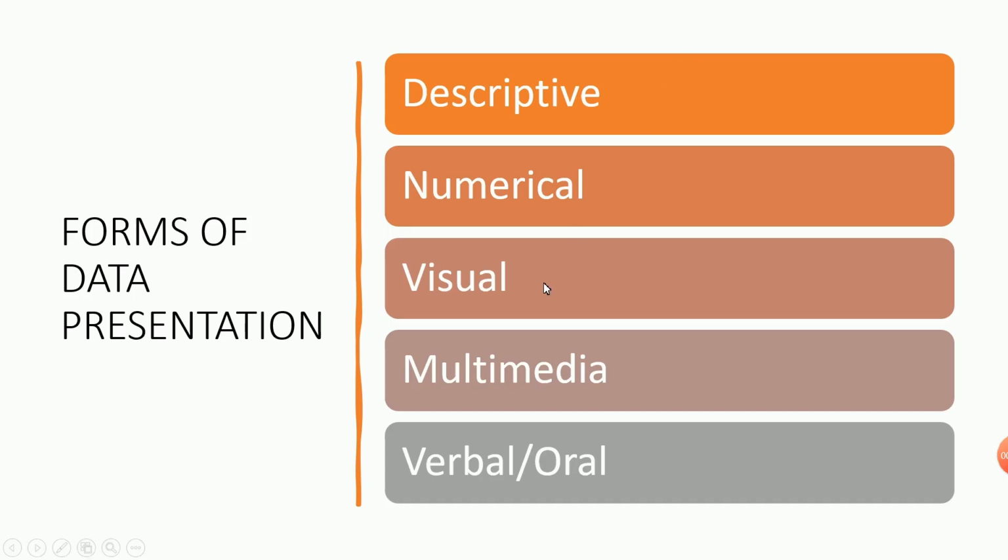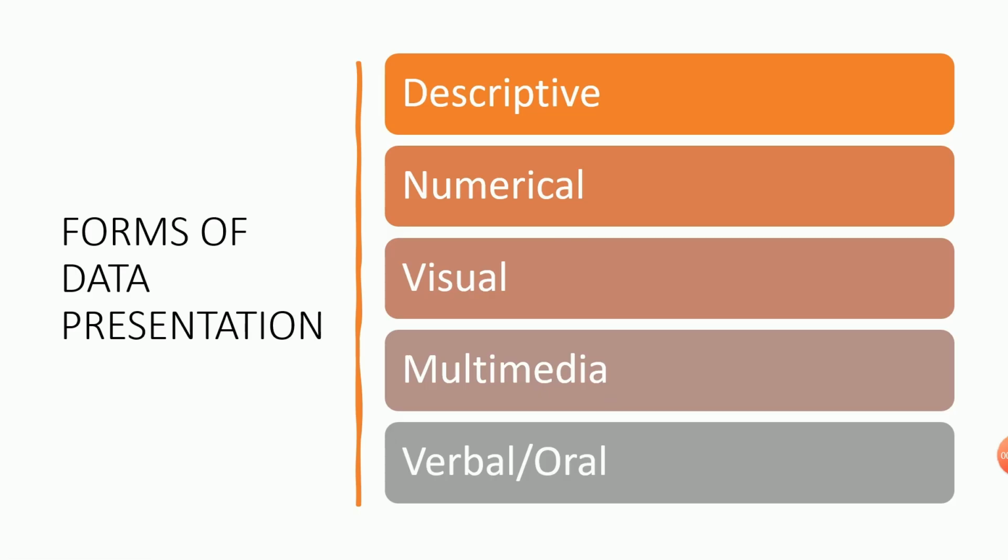And the third one could be visual, like we are presenting a PPT, but in a normal class it would be a board and chalk. Some might be verbal or oral, where they just describe, like many speeches given by politicians or leaders. Multimedia, where we use various video slides, like right now I am using certain slides.